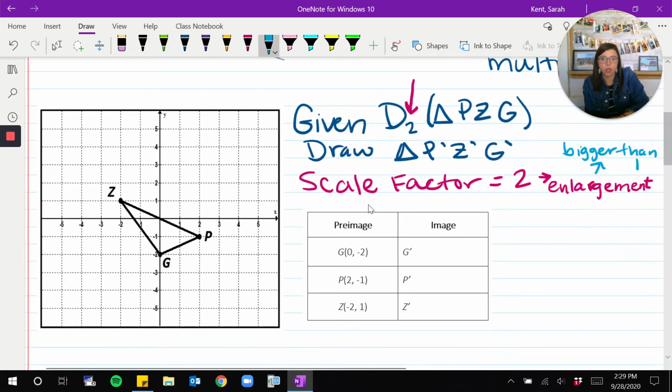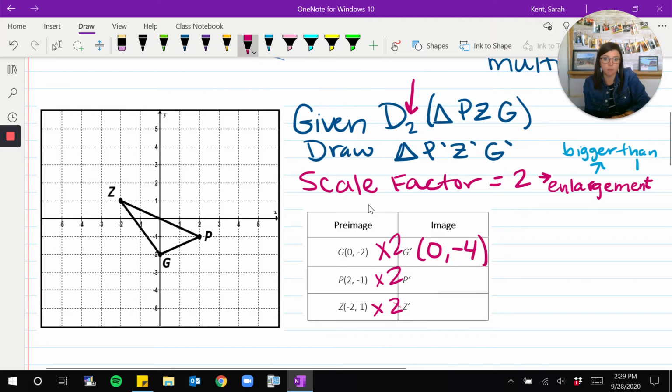So if we go to draw our new image, all we do is take every number here and multiply it by 2. So if I do 0 times 2, I would get 0. Negative 2 times 2, negative 4.